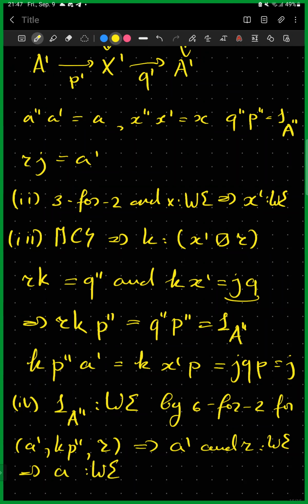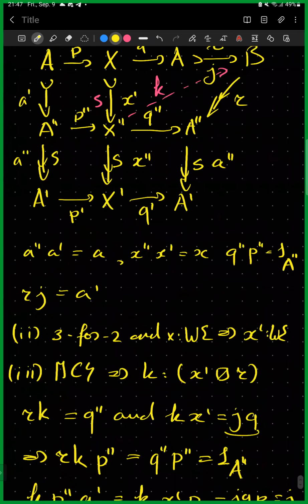So let's see how this works. We've seen that the pairwise compositions: KP2 primes is equal to the identity map of the object A2 primes, and also that KP2 primes composed with A prime is equal to J, which is by assumption a trivial cofibration.